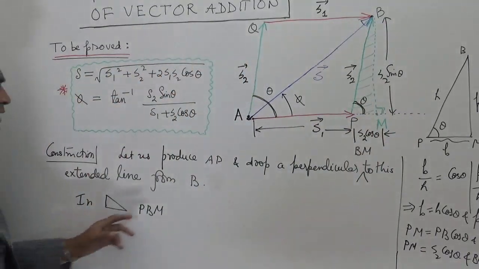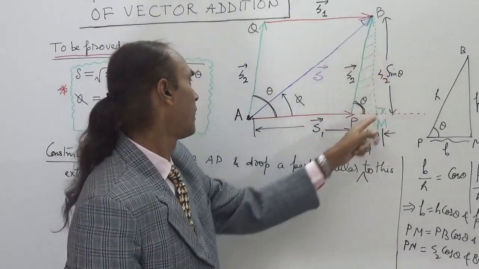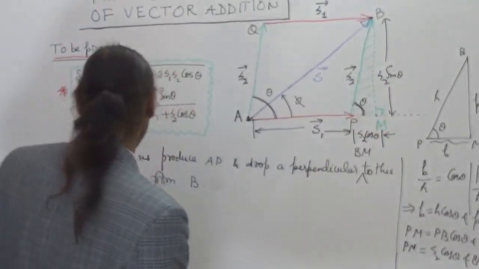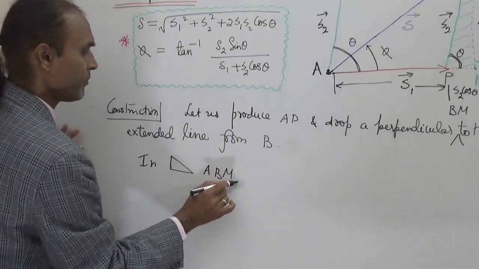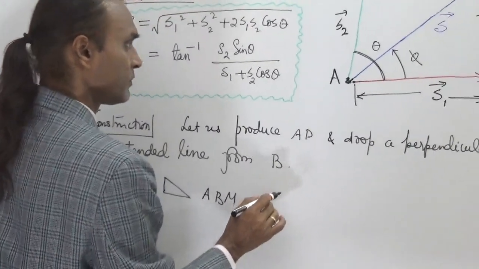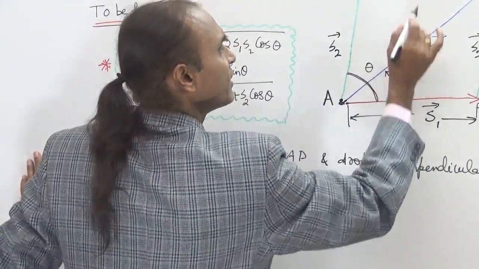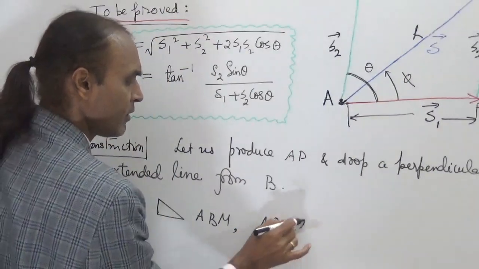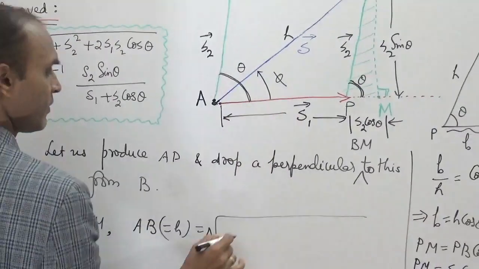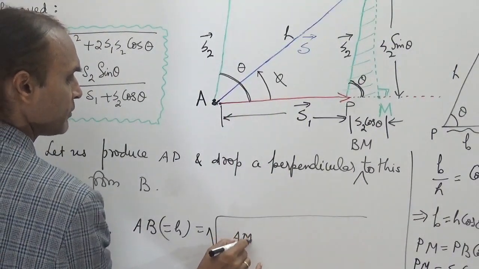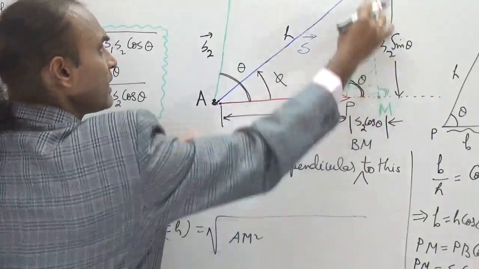So in which triangle? In this triangle A, B and M, in the right angle triangle ABM, the hypotenuse H, that is AB, is equal to square root of AM square plus MB square. This AM is the base for this right angle triangle, and MB is the height.